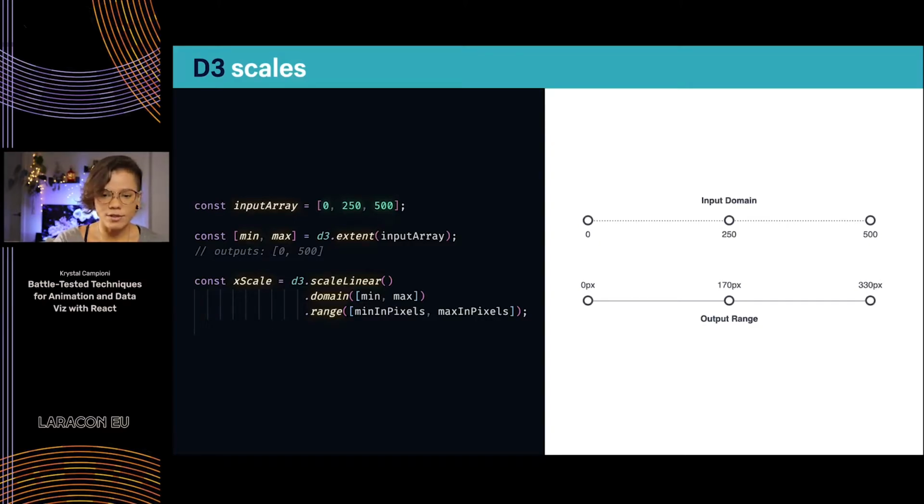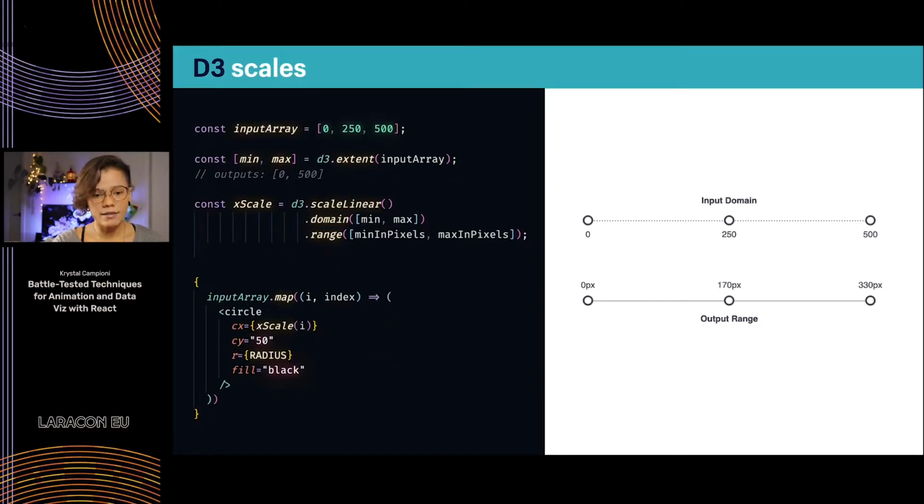So let's have a look at how this example that you can see on the screen now would look in code. We have an inputs array with some sample data. We can then use D3's extent function to extract the minimum and maximum value of the circles on the screen. And we can then use the scale function to get the cx position of each circle.